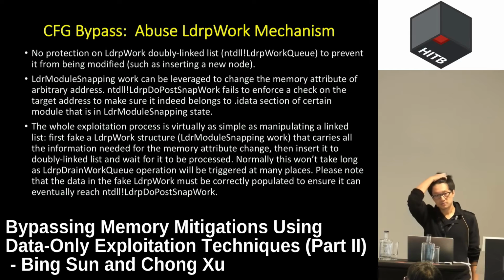The whole exploitation process is something like this. First, we're gonna fake a LdrpWork structure in memory, and this LdrpWork carries all the information needed for the memory attribute change. And then we're gonna insert it into the system's work queue and wait for it to be processed. That's it. Very simple.